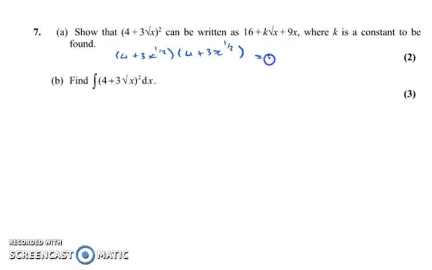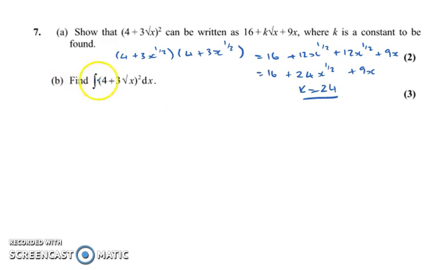Multiply this out, we get 16 add 12x to the half, add 12x to the half, add 9x. This is 16, add 24x to the half, add 9x. X to the power of a half is the same as the square root, so k here is 24.